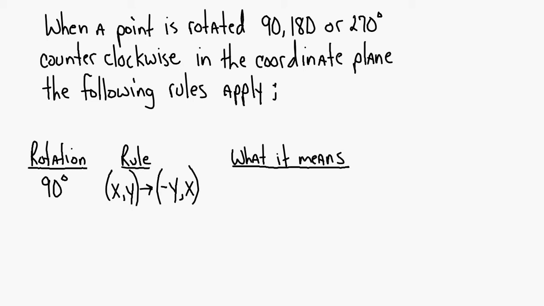Now in the what it means, given an x and a y, after the rotation, what happens to the values? Well, don't you multiply the y by -1 and then switch the values? Alright, so that's what it means. Multiply y by -1 and switch the values.